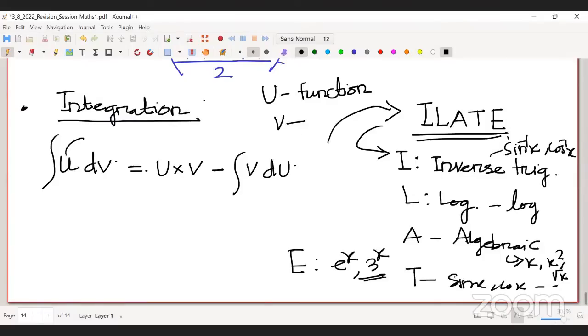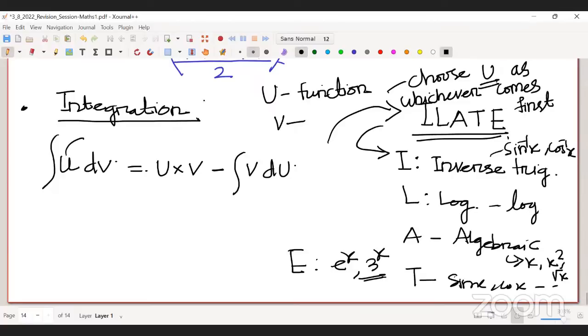And what is u? How do you choose u? Choose u as whichever comes first in this list. For example, suppose x log x.